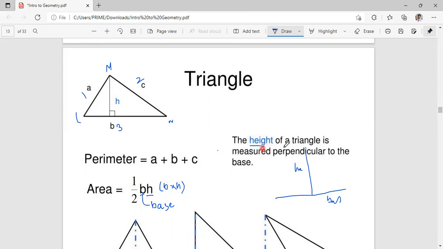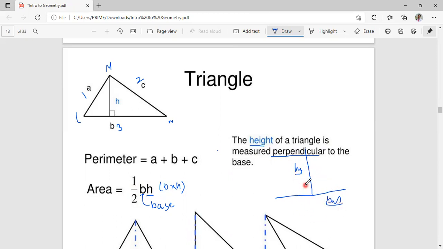The height of a triangle is measured perpendicular to the base. Here I have a Cartesian shape with a horizontal and a vertical line. The vertical will be the height, and the horizontal will be the base.